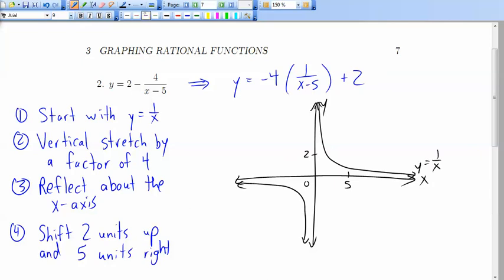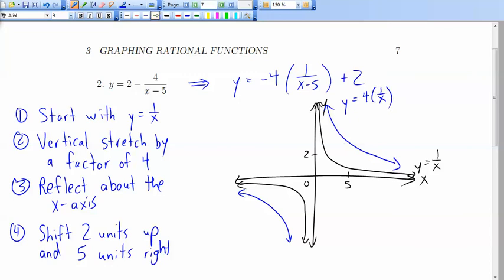Now we get stretched vertically by a factor of 4, so all my points are going to get pulled away from the x-axis, or they're going to have their y-coordinates multiplied by 4. So there's y equals 4 times 1 over x.